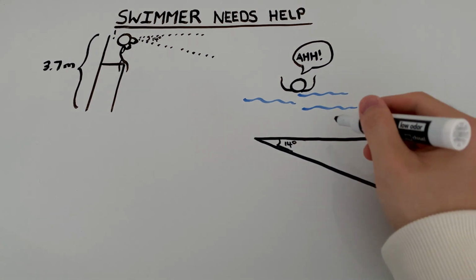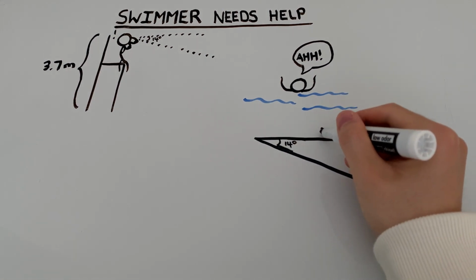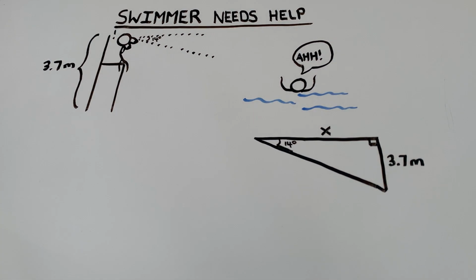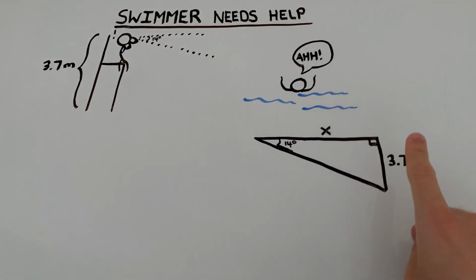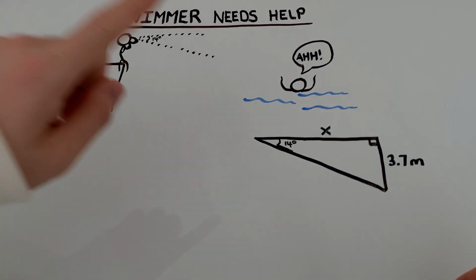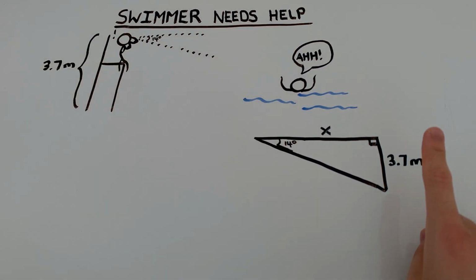So let's call that x. So this problem is slightly different from the previous problem. In the previous problem, we had an angle of elevation and we were given a horizontal length and we had to find the vertical height. But in this problem, we're given an angle of depression, a vertical length, and we need to find the horizontal distance this time.